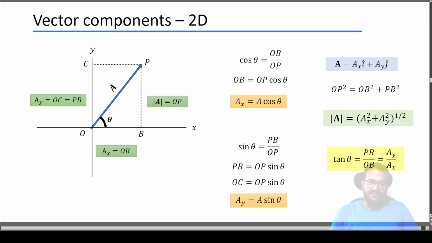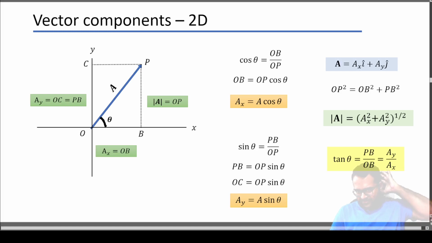The modulus of A is OP, of course, and with just basic trigonometry, you see that cos theta is OB by OP, so OB is OP cos theta, so AX is A cos theta. The component OC is nothing but OP sine theta.